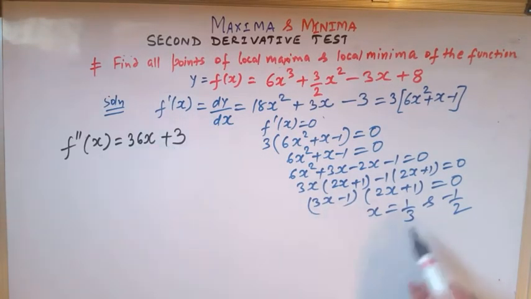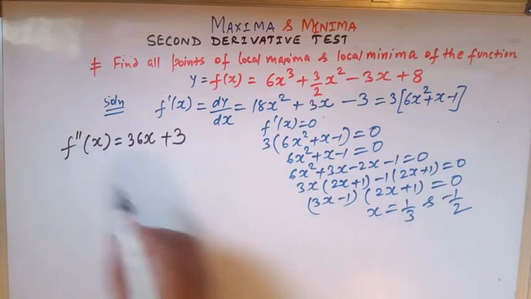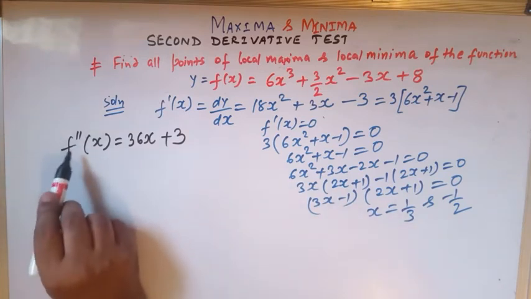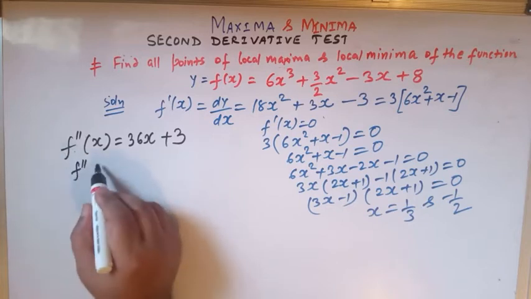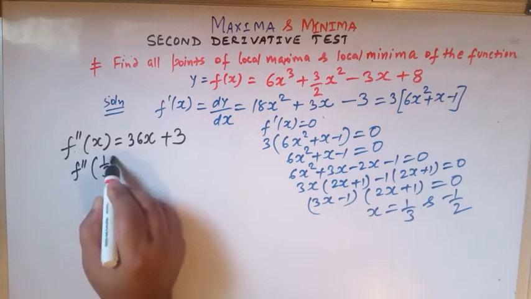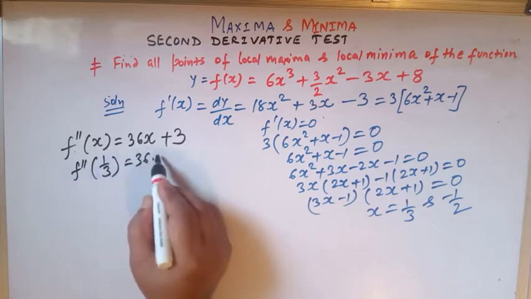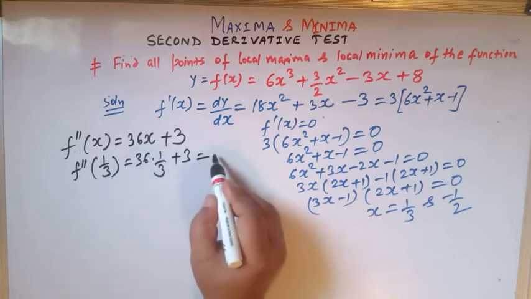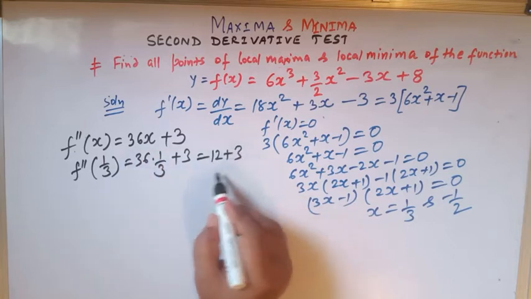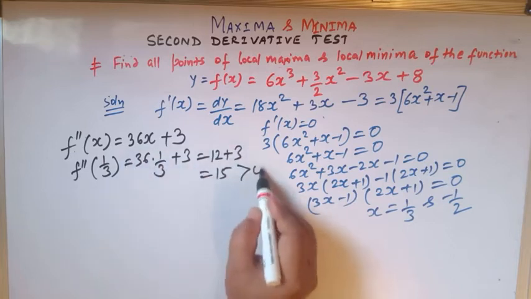Now let us test the value of the second derivative. So we have f double prime of 1 by 3 is 36 times 1 by 3 plus 3. So 3 12s are 12, and we have 12 plus 3, this is 15. So this is greater than 0.